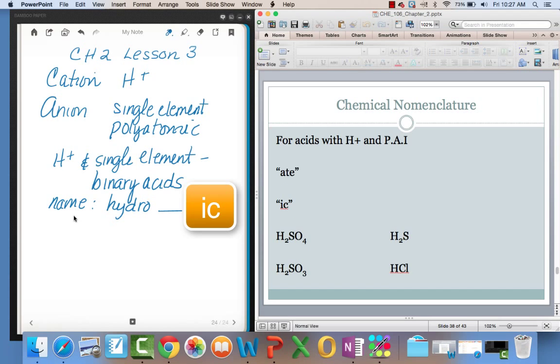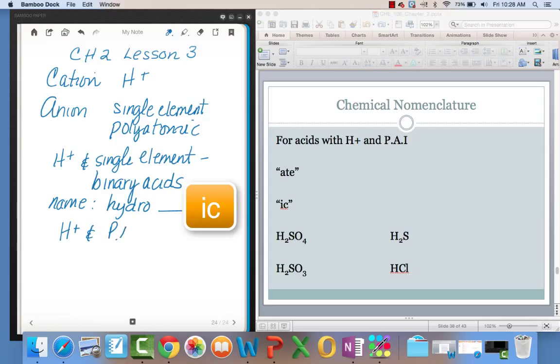For acids with H plus and a polyatomic ion, these are referred to as ternary acids.